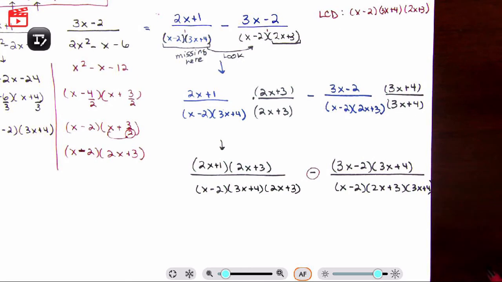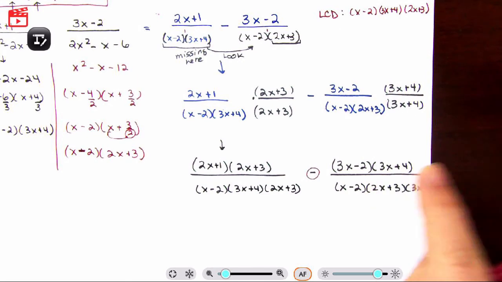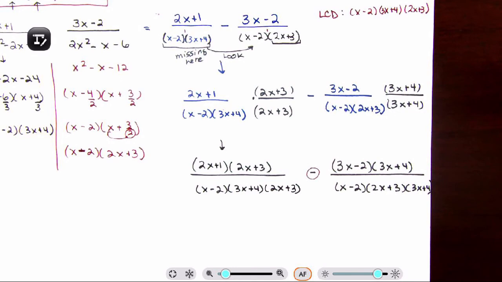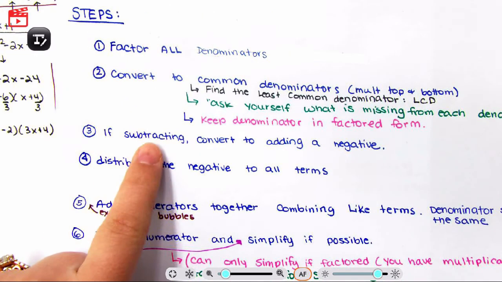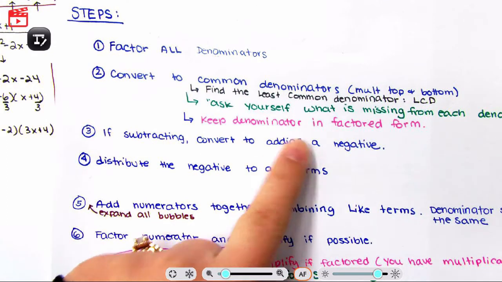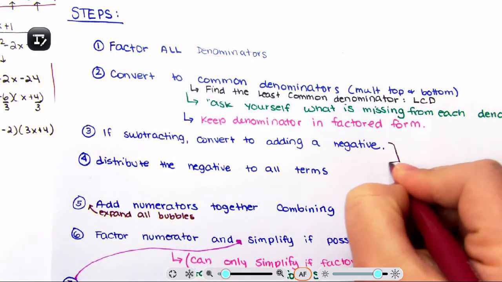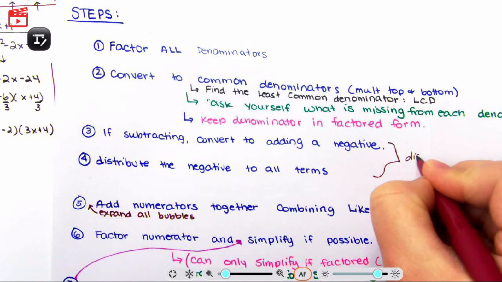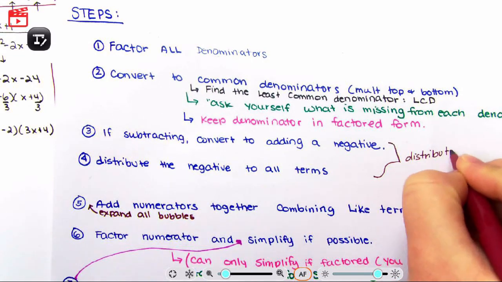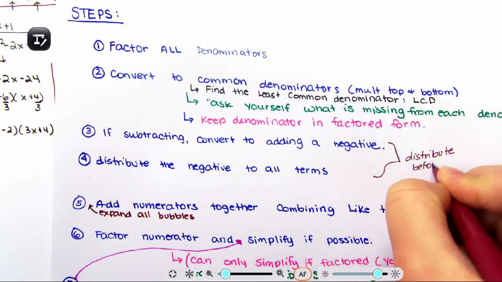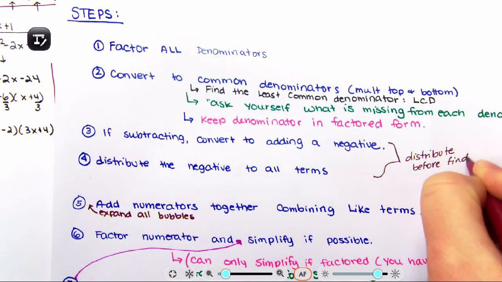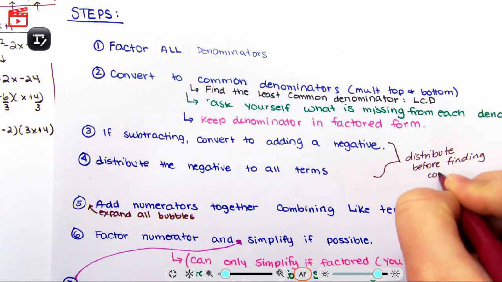Now you're not going to distribute that negative here. You're going to distribute that negative here. So right here where it says subtracting, convert to adding a negative, we're going to do these steps. So distribute before finding common denominator.